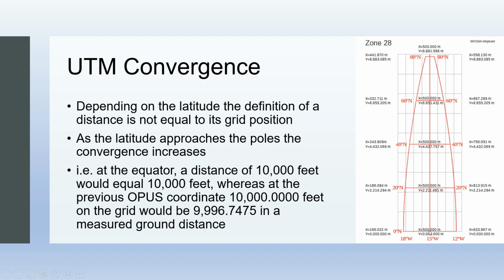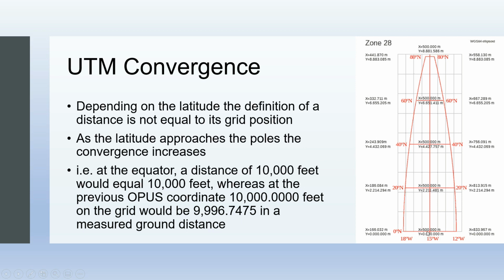The meridian right here, they place the zone at 500,000 meters, and it basically goes from 0 to about 900,000 meters, so that it allows you to cross over and stay in the same projection if you have to.